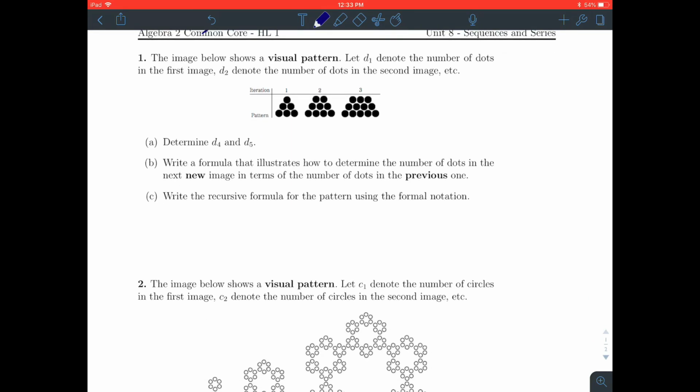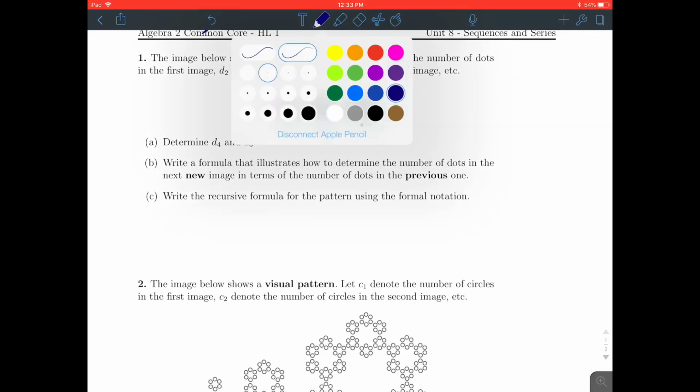So the image below has a visual pattern. Let D1 denote the number of dots in the first image, D2 denote the number of dots in the second image, etc. So it looks like D1 is 6: 1, 2, 3, 4, 5, 6. To go from D1 to D2, it looks like we add 3 dots, so that will be 9. To go from image 2 to image 3, we add 3 dots, so that will be 12.